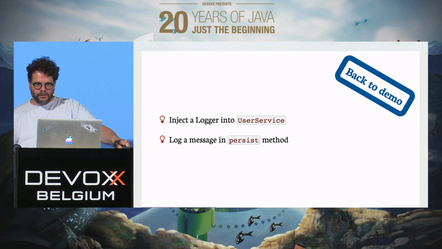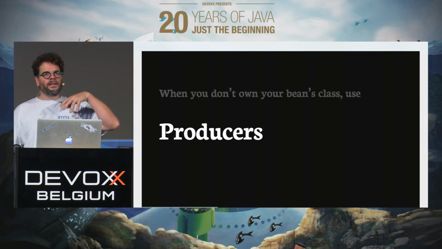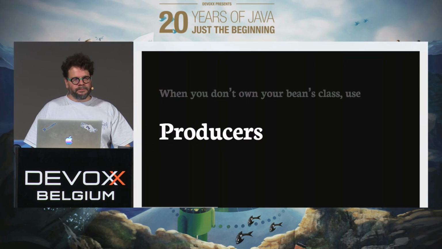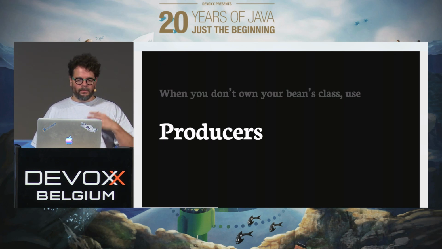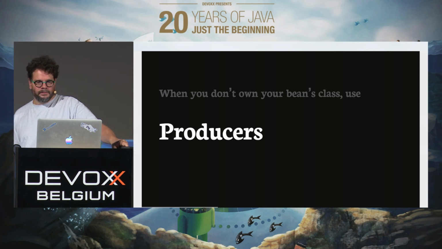For that, you'll have to use a nice feature coming from CDI. That's the producer thing. So when you have a class that you don't own, that comes from somewhere else and that wasn't thought to be a CDI bean, you can use a producer.